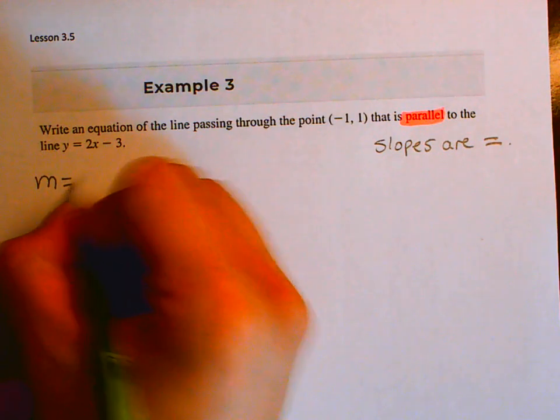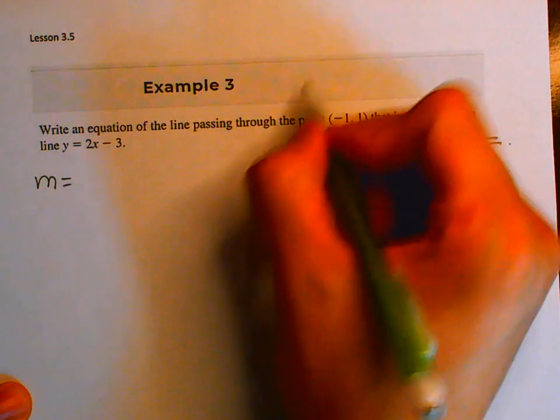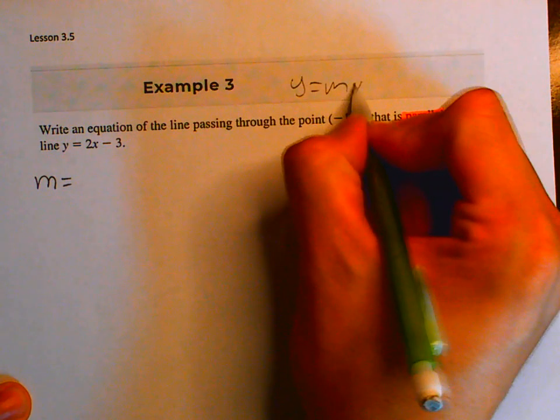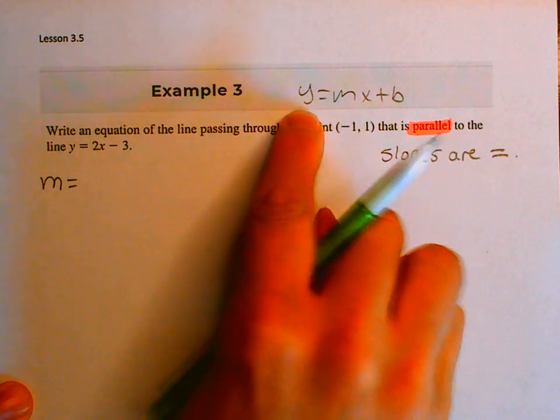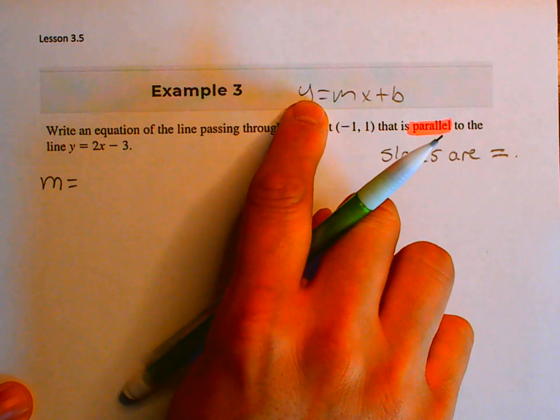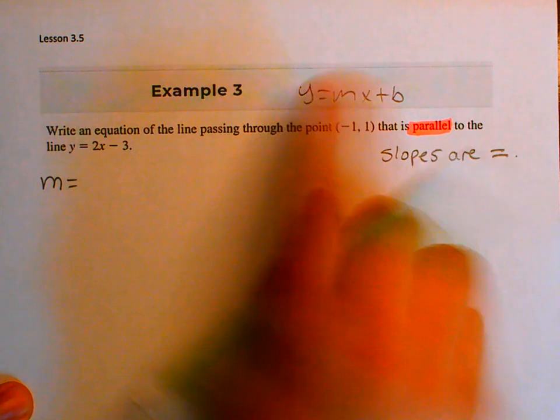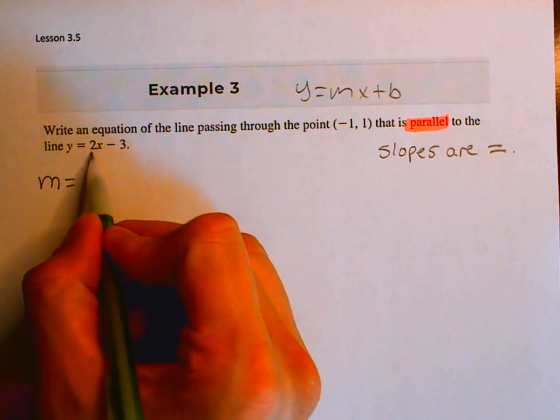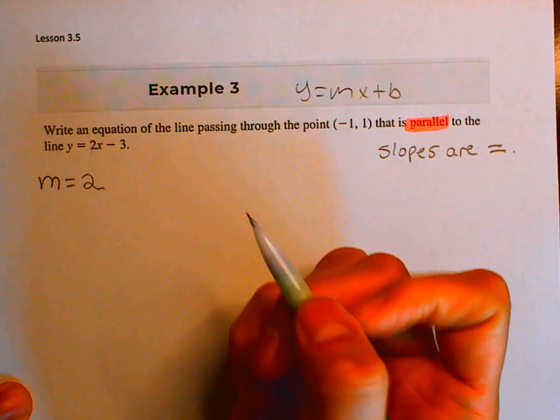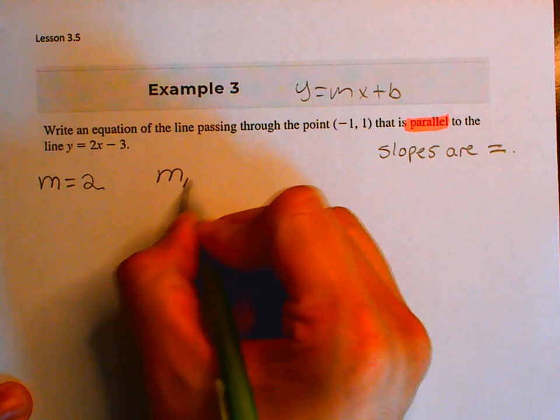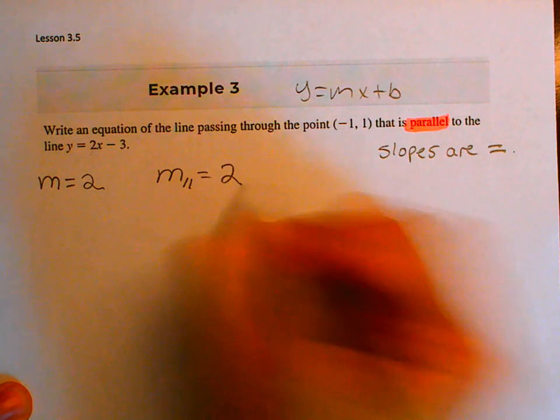So what is the slope? The slope of this equation, now this equation, guys, is in this form. That's the slope. It's solved for y. If it's not solved for y, guess what? You got to solve it for y first. So the slope here happens to be 2. That's the slope of the original line. So the slope of the line that's parallel is going to be also 2.